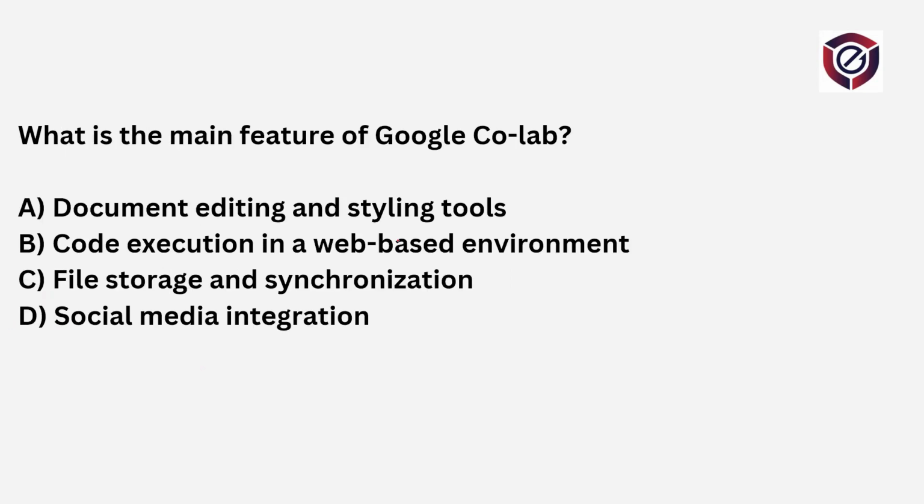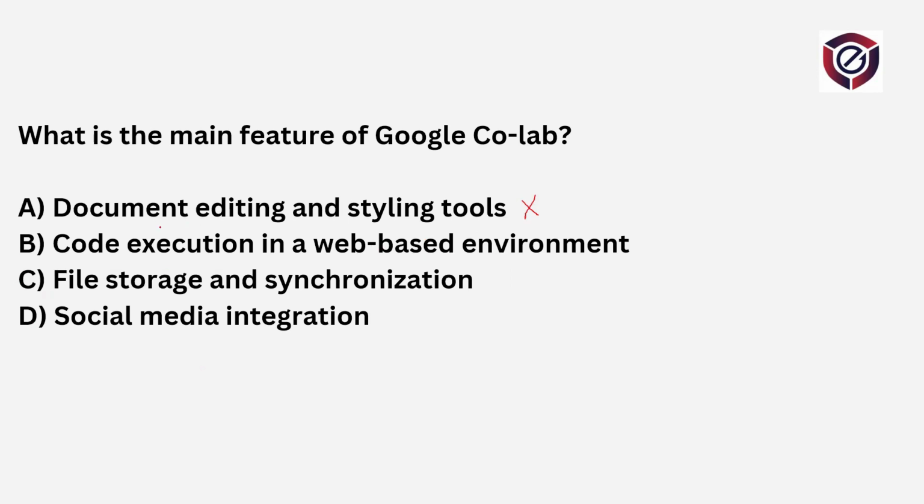What is the main feature of Google Colab? We just saw a question regarding Google Colab. Again, a similar type of question. The options are document editing and styling tool. For document editing and styling, we will be using Google Docs. So this is not a correct option. Code execution in a web-based environment.